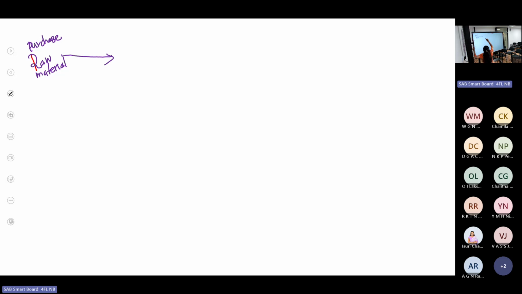So we'll call that work in progress. Raw material is converted to the work in progress.